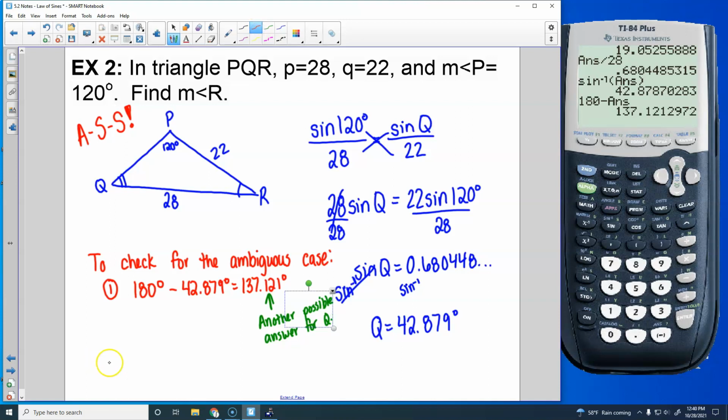So then we're going to put the possible answer in the triangle and see if it will work. Okay, so Q, I know Q could be 42.879. That's definitely an answer. But I want to see if it could also be 137.121.